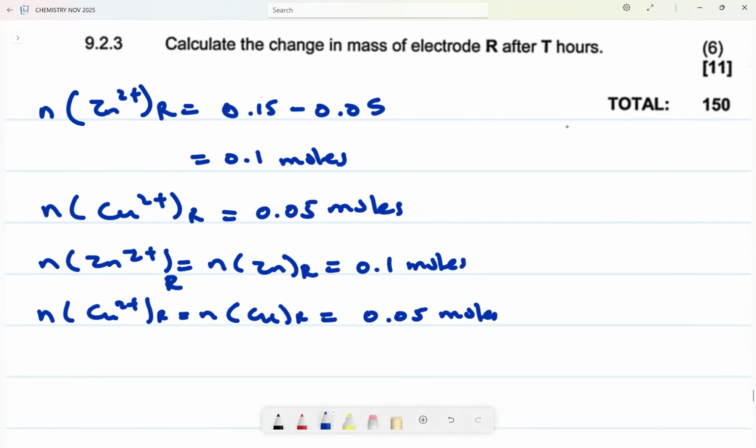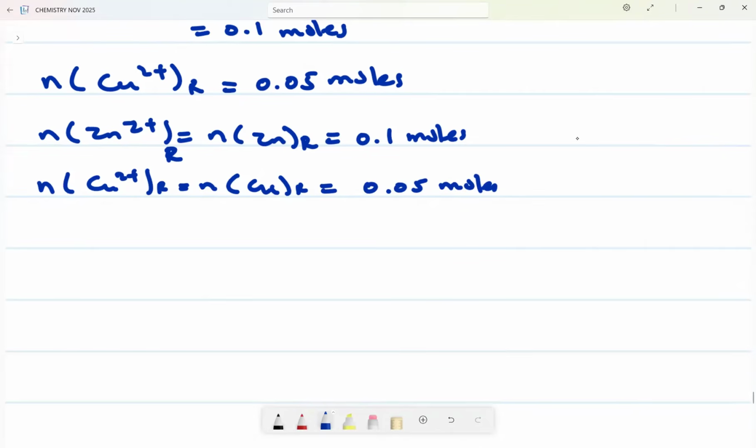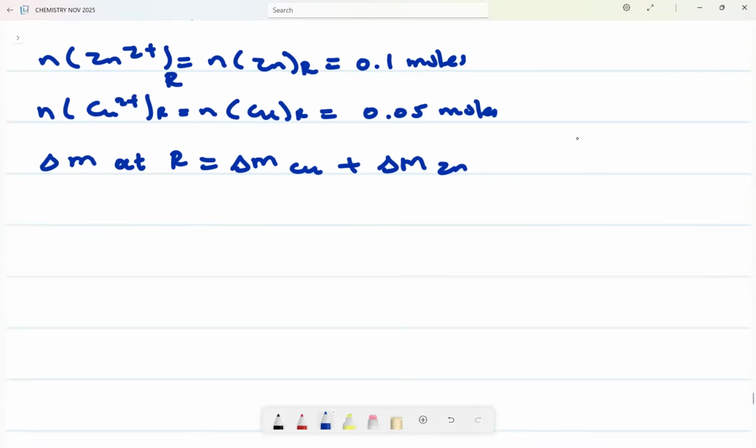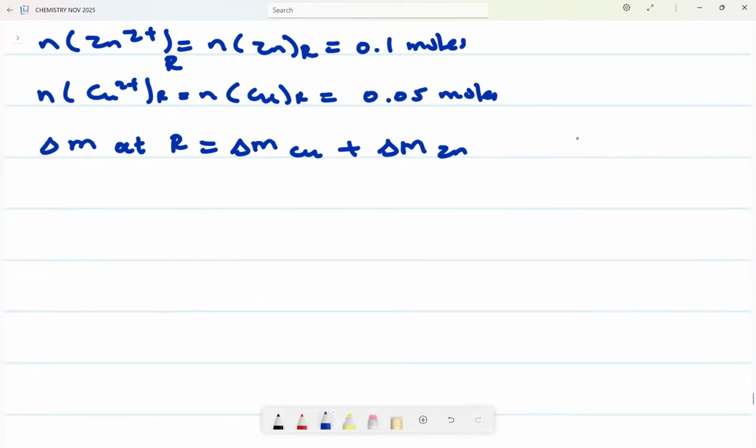So therefore, how can I calculate the change in mass? The change in mass at R is going to be equal to the change in mass of copper plus the change in mass of zinc. So let's just do that. Number of moles is equal to mass divided by molar mass.